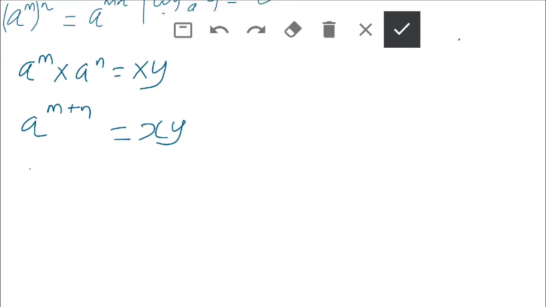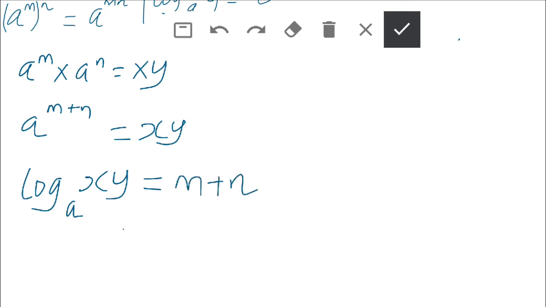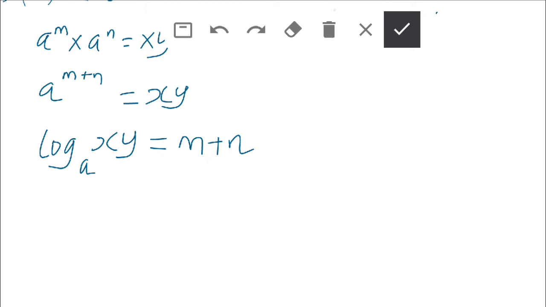Now this is in indical form. Let's express it in logarithmic form. So this is the same as writing log to base a of xy equals m plus n. On the left hand side we have log to base a of xy.